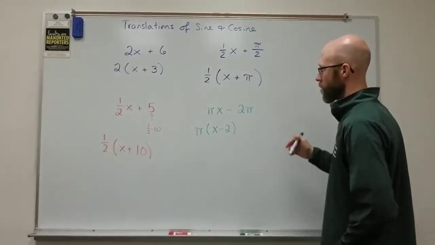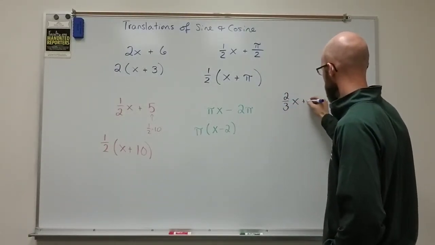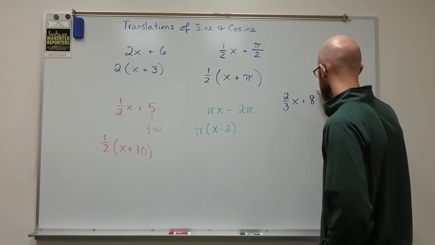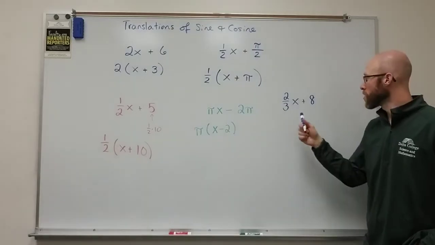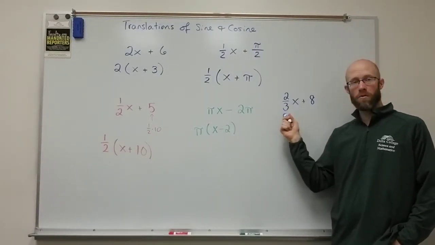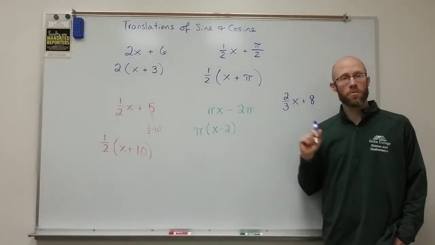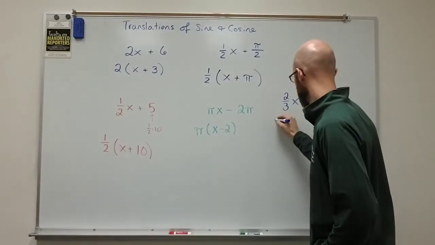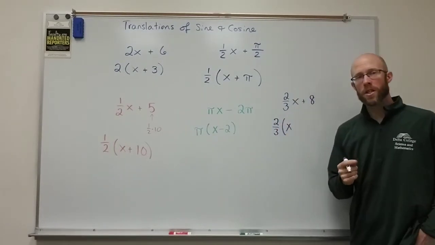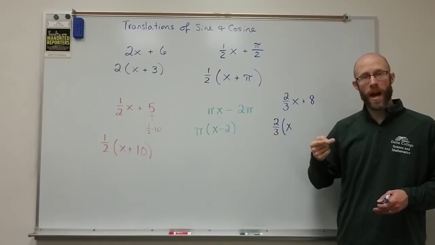So I'll give you another example. If I had 2/3 x plus, let's go with 8, and I wanted to factor out, it's going to be common for us to try and factor out whatever the coefficient of x is. And so here, if I pull out the 2/3, then what I really need to do is multiply the 8 by the reciprocal, which is 3/2.